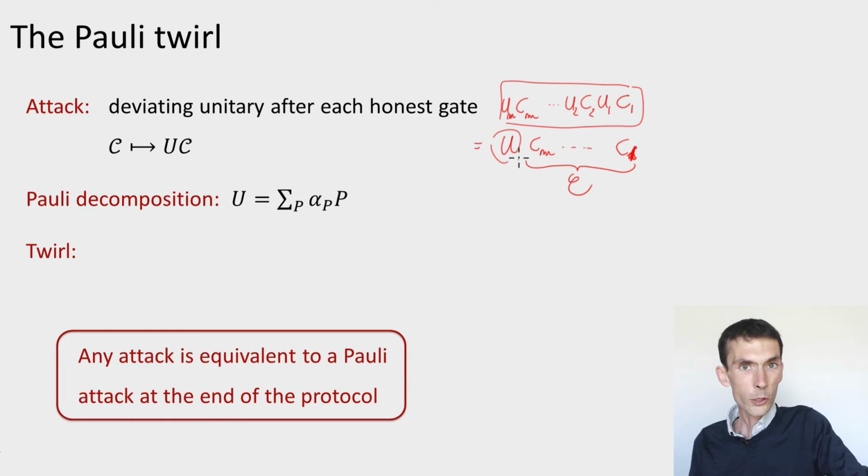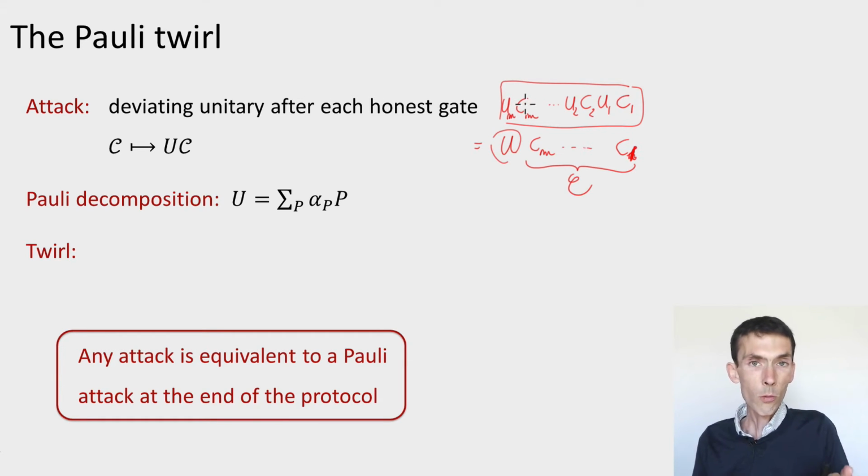So there's always going to be a way to rewrite the general attack as: do the real thing until almost the end, and then at the end, before all the final measurements are performed, apply some arbitrary unitary that undoes everything that you've done and does something malicious that you wish to be doing.